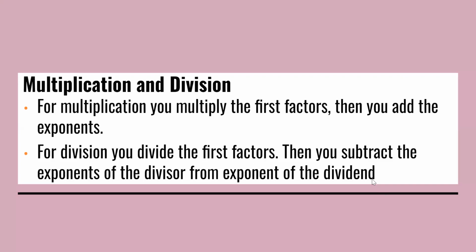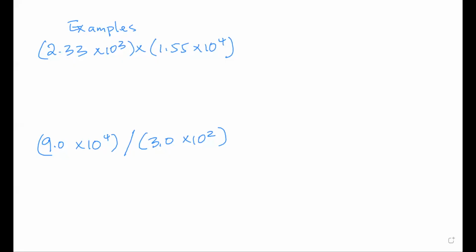For division, you divide the coefficients, then you subtract the exponents of the divisor from the exponent of the dividend. Again, both in multiplication and division, the exponents do not have to be the same. That's a good thing.